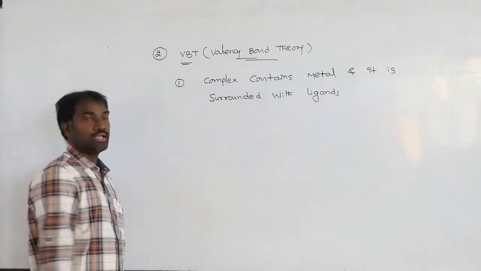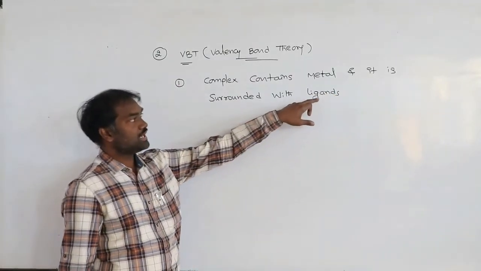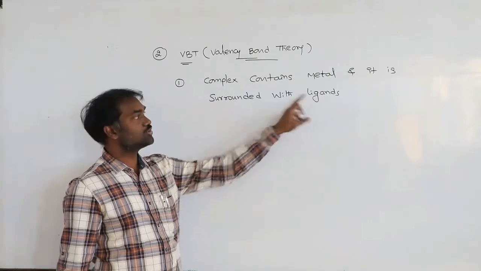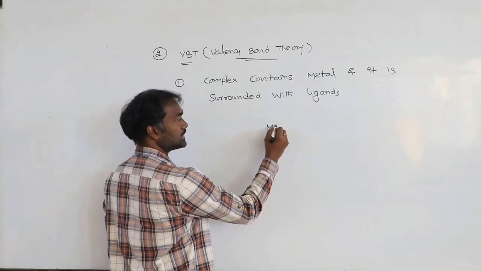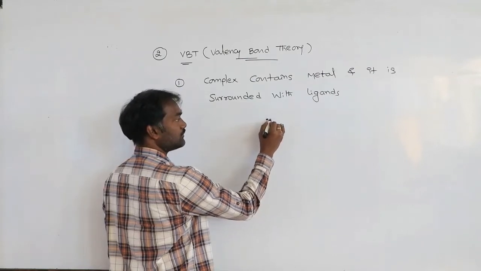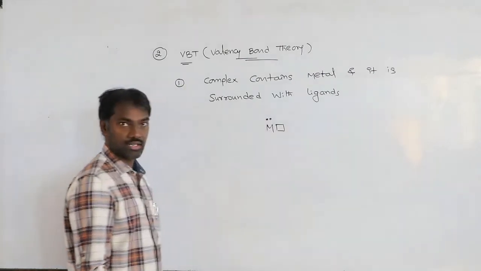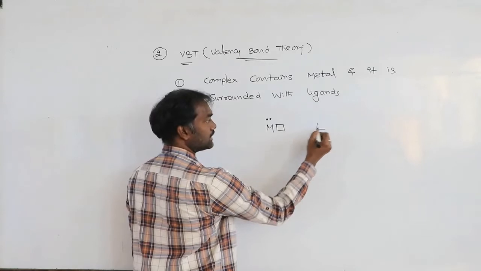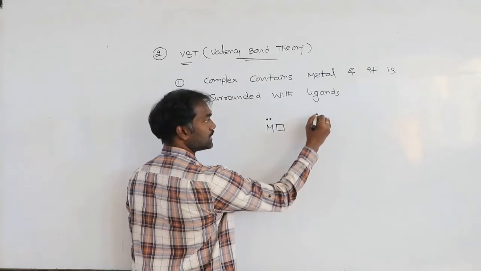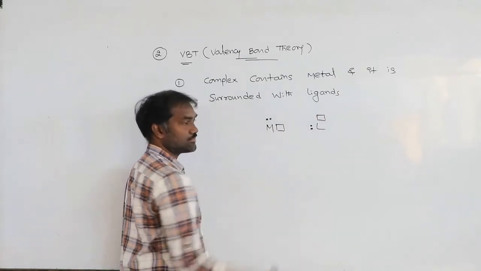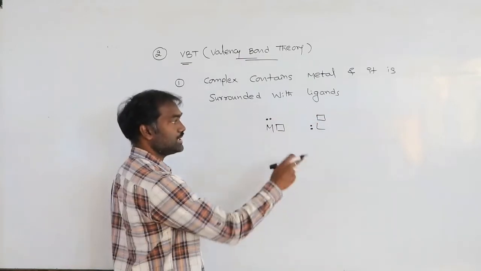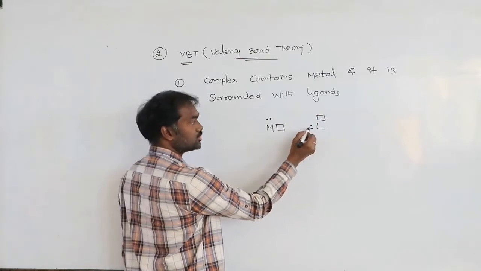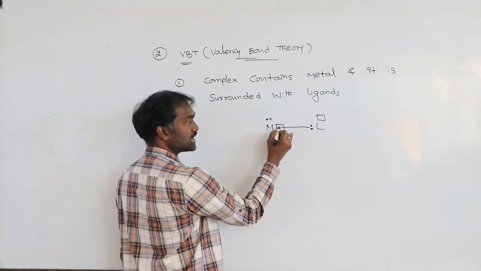Next, every ligand donates a pair of electrons to the central metal ion, and the metal has empty orbitals. The ligand must contain a lone pair, which is compulsory, and this lone pair is donated to the central metal ion.